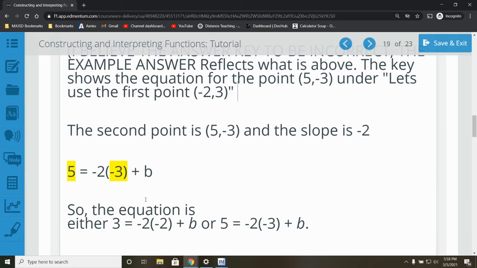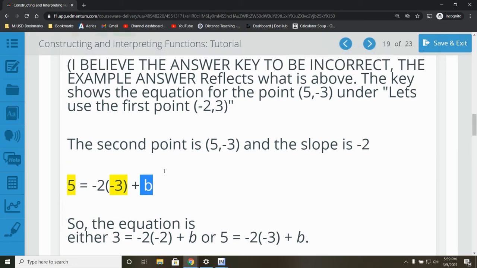Moving on to the second point. The second point is 5, -3, and the slope is still -2. We already figured that out. So the 5 is the y, and the -3 is the x. The -2 is the slope, and b is the initial point. Remember, we're trying to find the initial point.